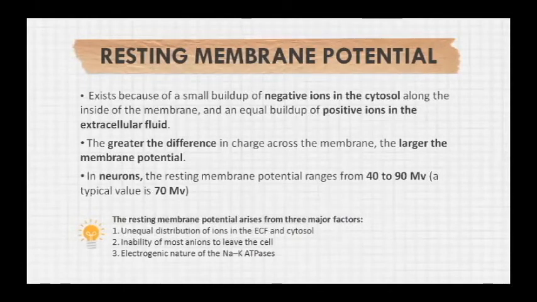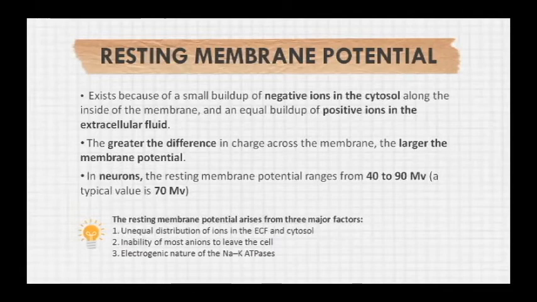Meaning, resting membrane potential is where there is the presence of polarity across the membrane, in which the cytosol has a more negative charge, while the extracellular fluid has a more positive charge.